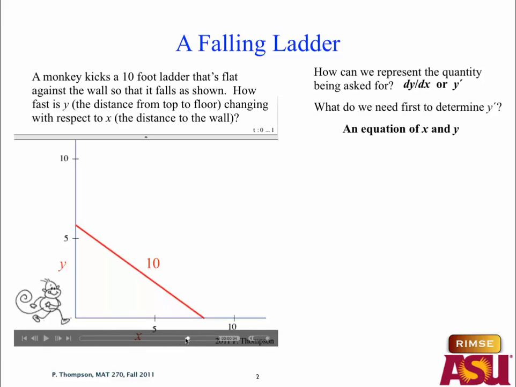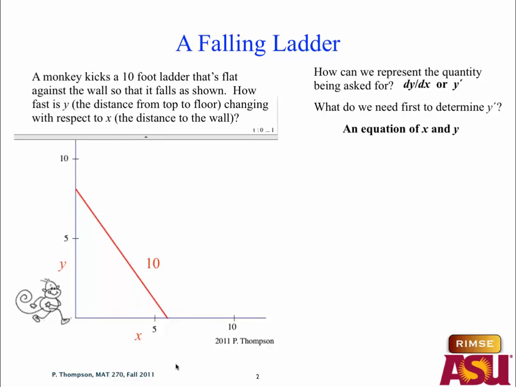Is it a 90-degree angle? Yeah, we'll assume this is a normal wall in a normal room. No matter at what point the ladder is falling, we always have a right triangle with legs x and y, and the hypotenuse is 10. So x squared plus y squared equals 10 squared, and that remains true as x and y change together. So it's a relationship that we can start with.